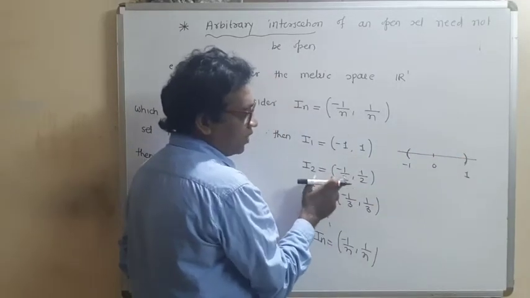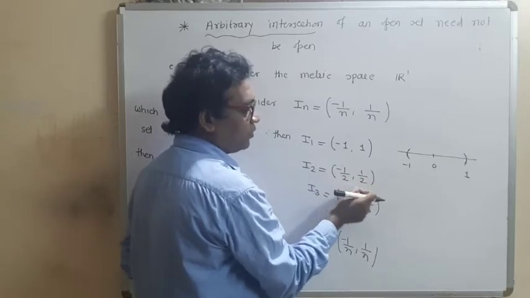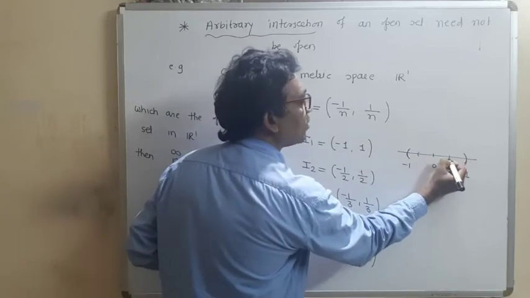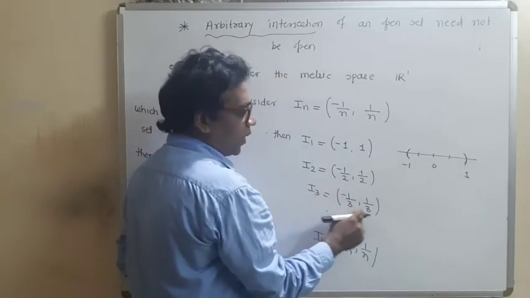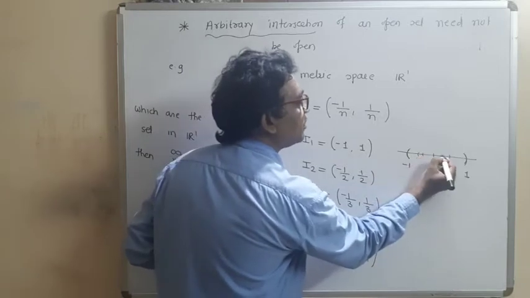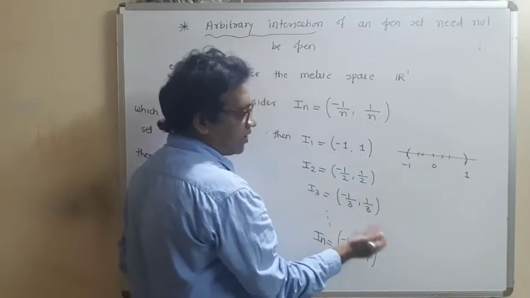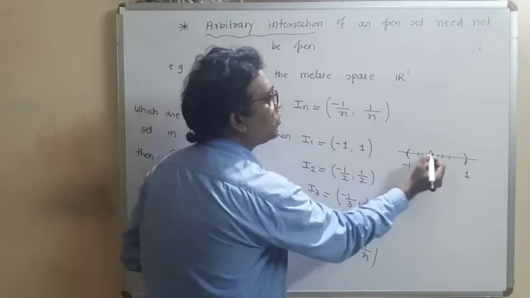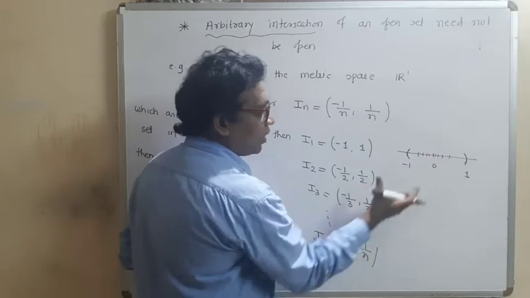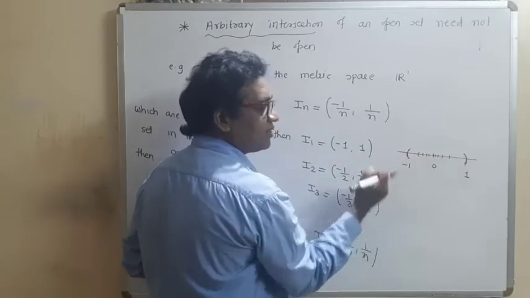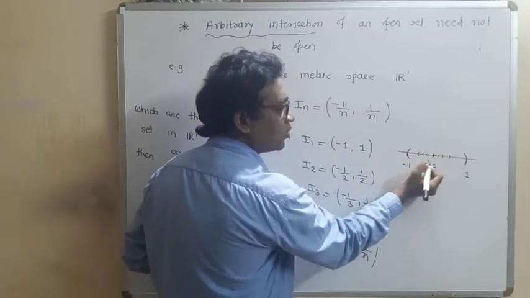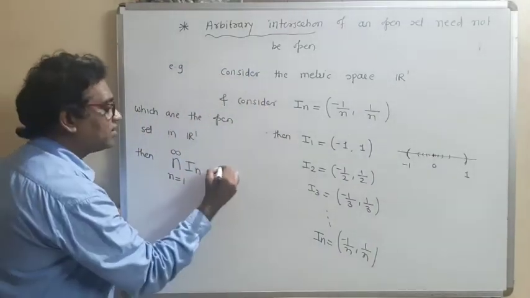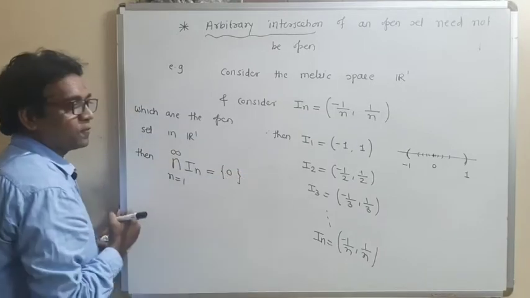The second is minus 0.5 to plus 0.5. Then minus 1 upon 3 to 1 upon 3, the fourth interval minus 1 upon 4 to 1 upon 4, then minus 1 upon 5 to 1 upon 5. If we take the intersection of all these intervals, we get the singleton {0}.